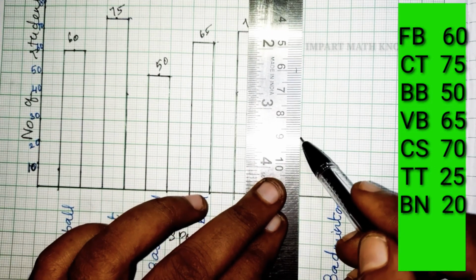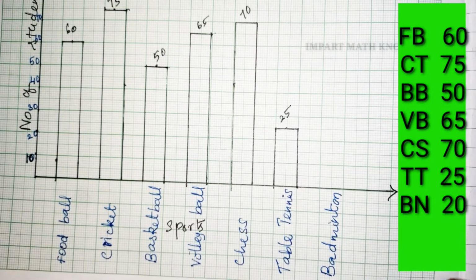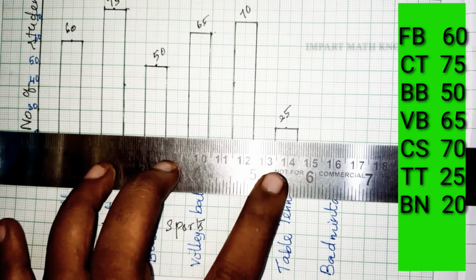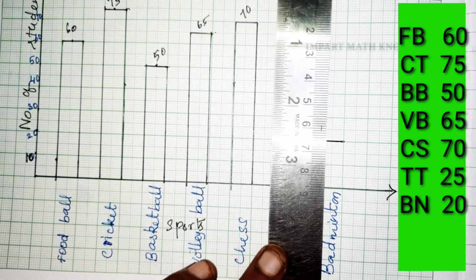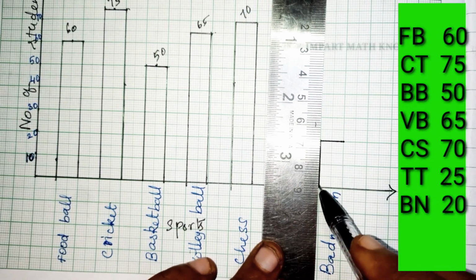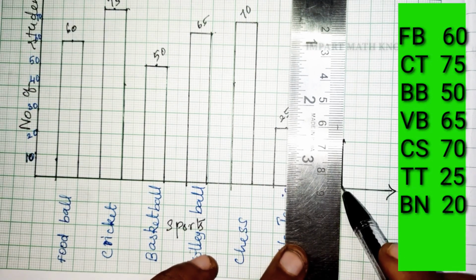So you draw a vertical bar for that. Badminton is the favorite for 20 students. 20 is some point here. So you draw a vertical bar for that.